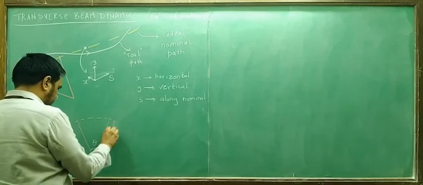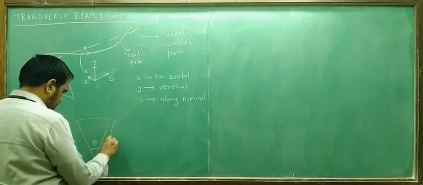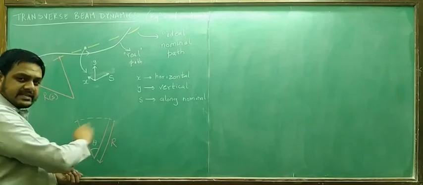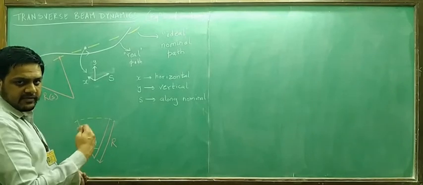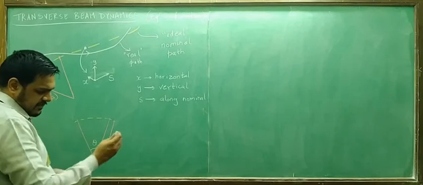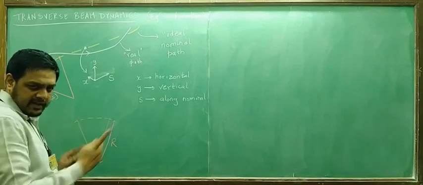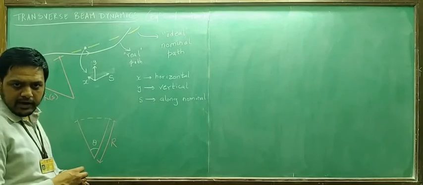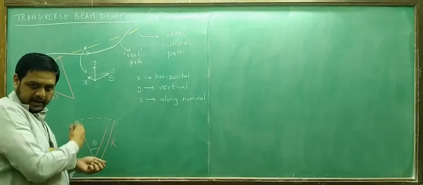So this particular distance is r. R is a constant within this region. This can always be done because if the curvature keeps changing, you can divide it into small segments, small angle theta, and define r for that particular section only.